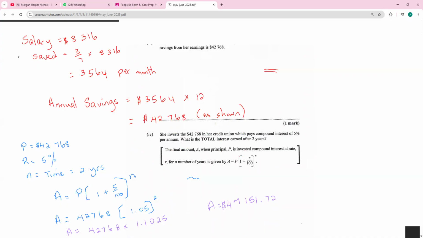Yeah. So they said the final amount when the principal is given minus no, they ask us for the total interest after 2 years. Right? So the question was, what was the total interest? Now, let's clear up what does compound interest mean. If you put money into a bank to build interest, right?